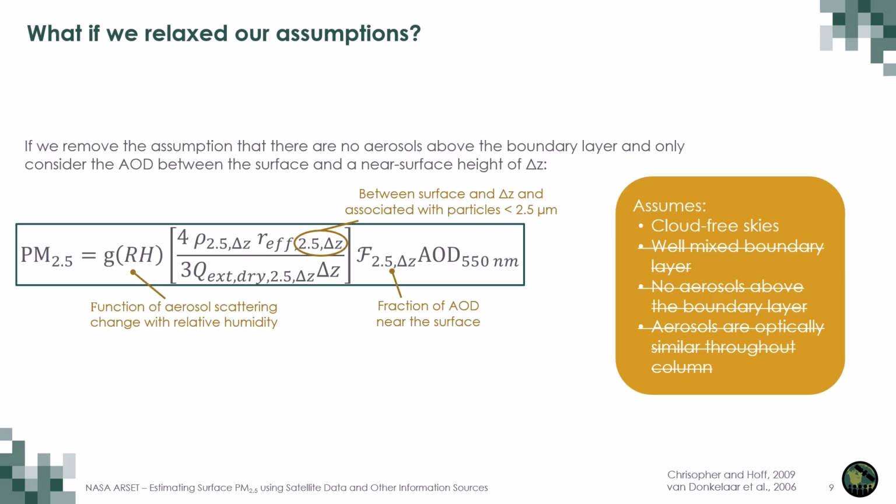We also remove the assumption that there is no aerosol above the boundary layer and that all the aerosol are similar, instead just focusing on the qualities of those near-surface aerosol. With the exception of this fractional term, the formula itself is quite similar, except that now the variables related to aerosol properties are no longer representative of the entire boundary layer, but again, just of those aerosols that are near the surface within that delta Z height.